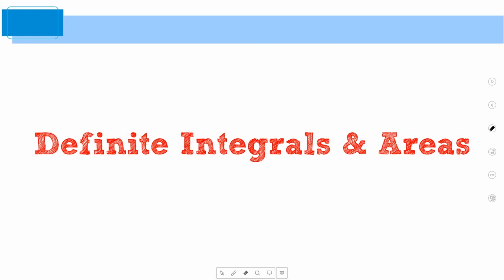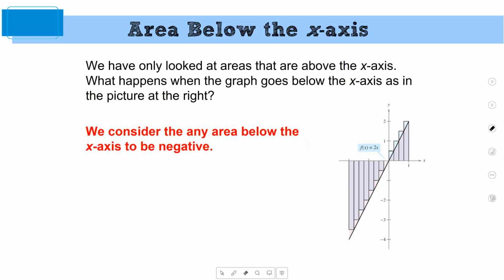So it's possible to take an integral and get an answer of 0, because you would have an area above and an area below, and if those two cancel out, you get 0. You can get a negative answer, like this one, if the whole thing is below the x-axis. If the whole thing is above the x-axis, you'll get a positive area. All 3 of those are possibilities, which is what that says.